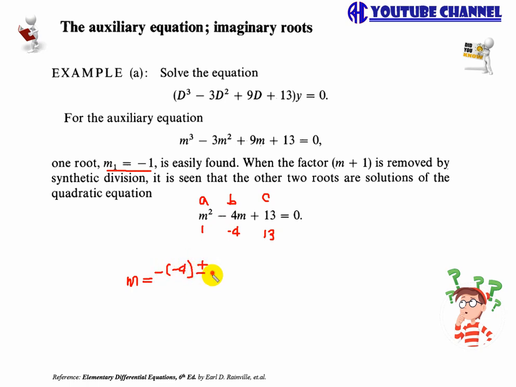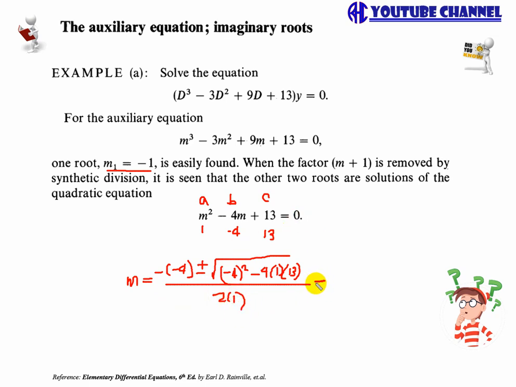Positive and negative. The square root of b squared, that is negative 4 squared. Minus 4ac, which is 4 times 1 times 13. All over sa 2a, that is 2 times 1.